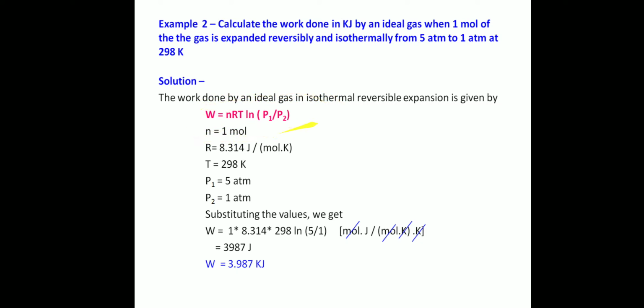For the reversible isothermal expansion, work done can be in terms of volume or can be in terms of pressure. Now in this example, the data is given in terms of pressure, that is why we are going to use the work done in terms of pressure. So n is equal to 1 mole.